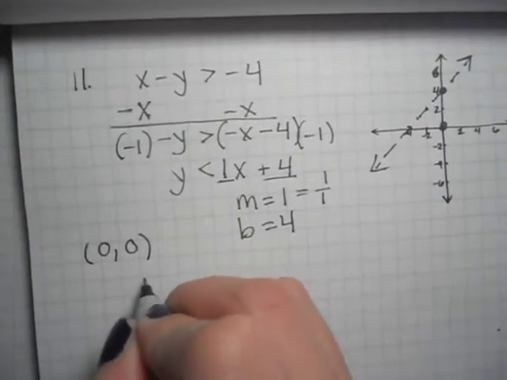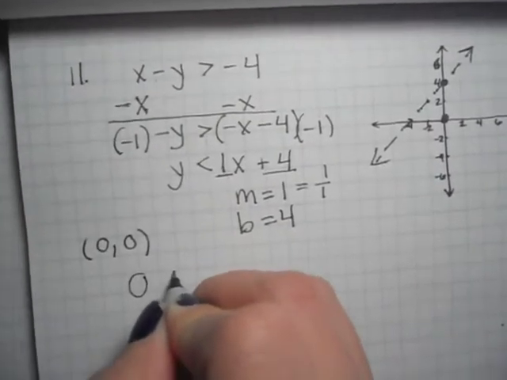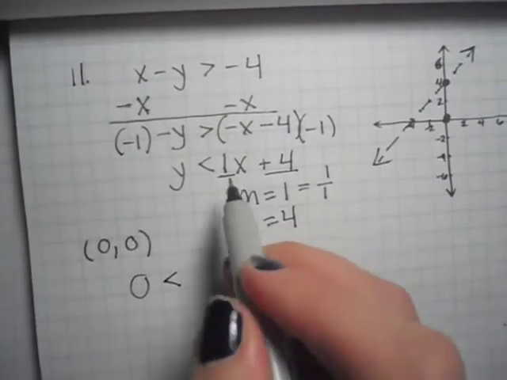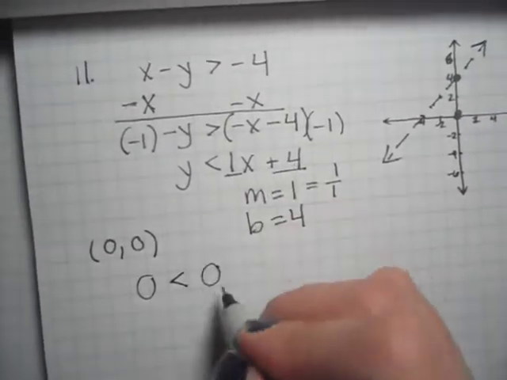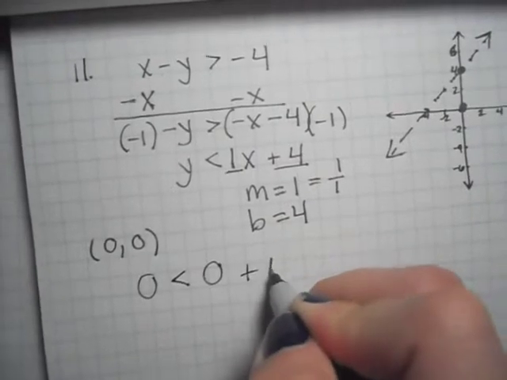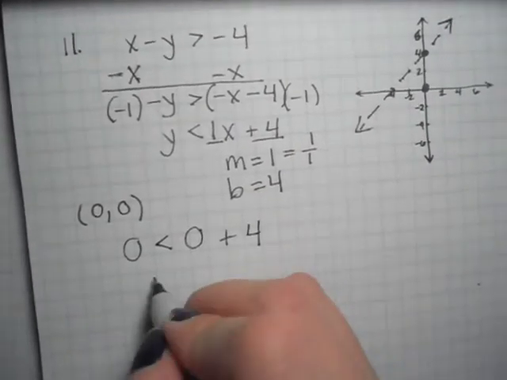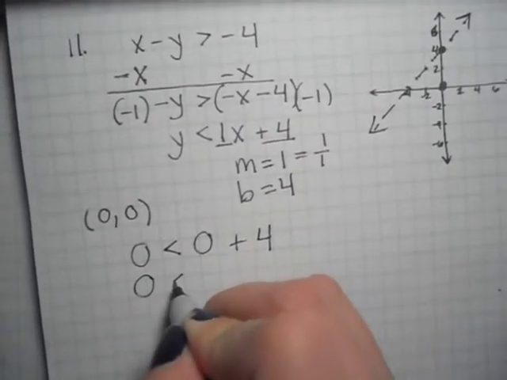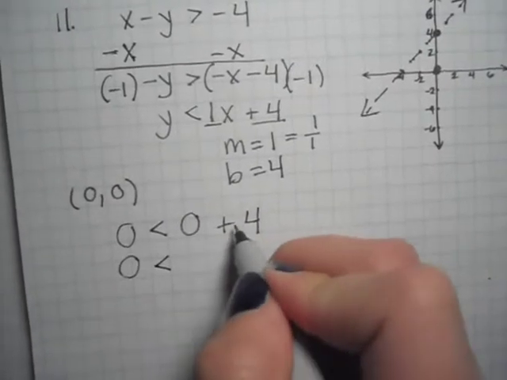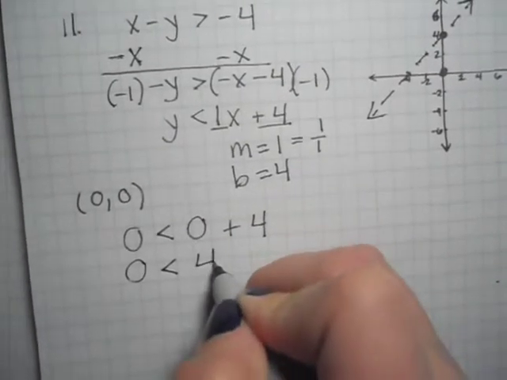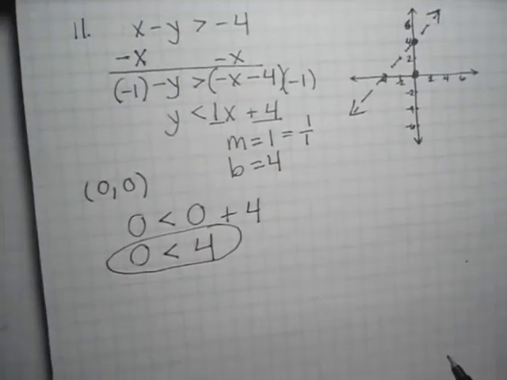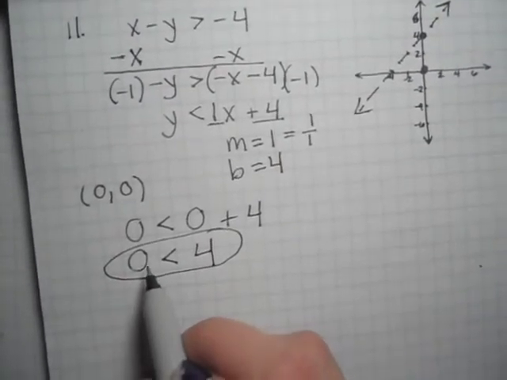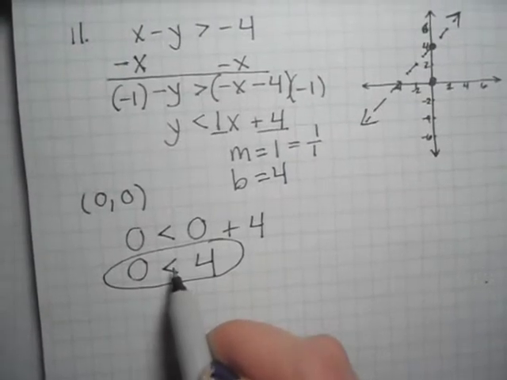So 0 in for y, less than x is 0 plus 4. If we simplify this one step, we still have a 0 on the left. 0 plus 4 is 4. And now this is what's going to tell us where we shade. So we must decide, is 0 less than 4?